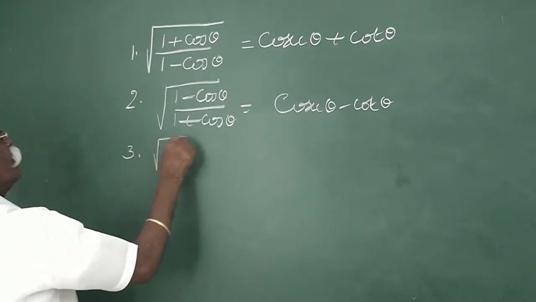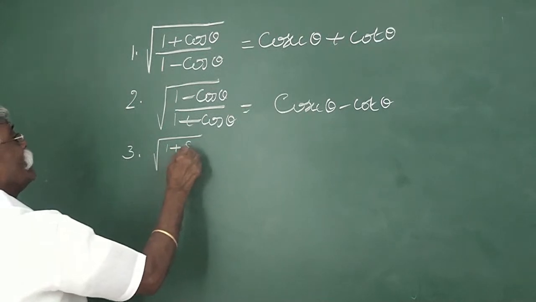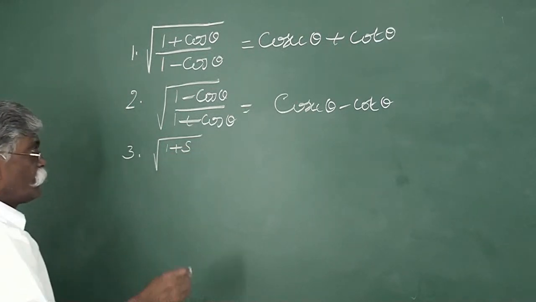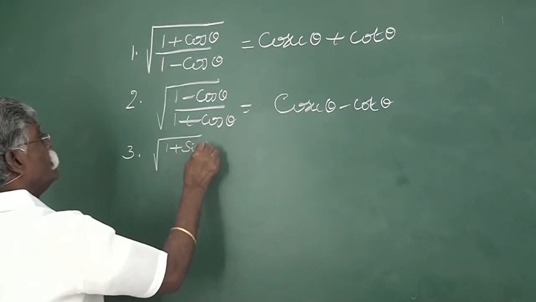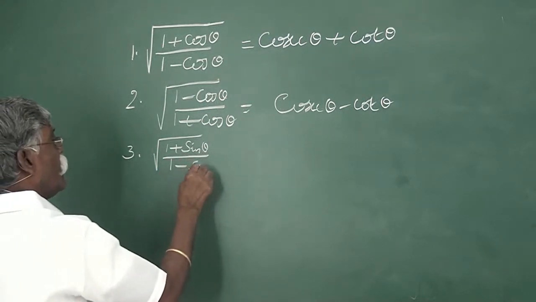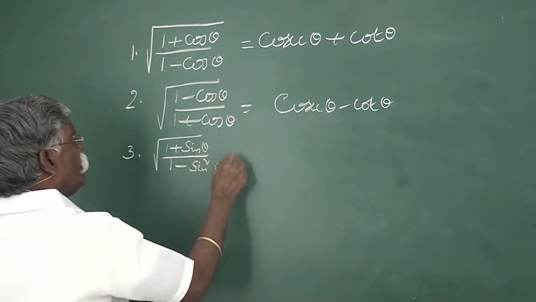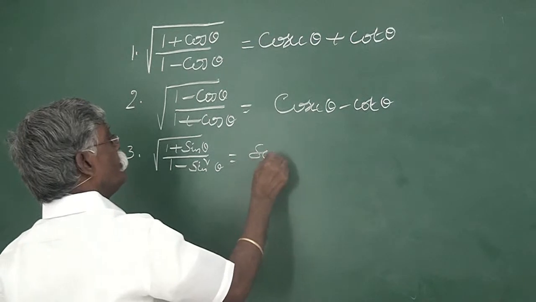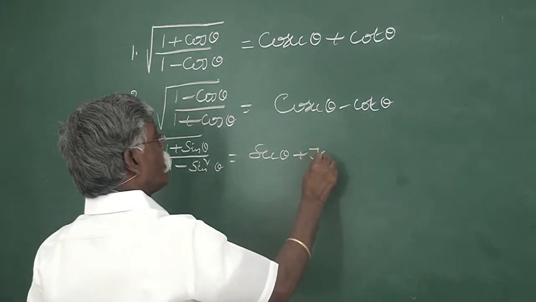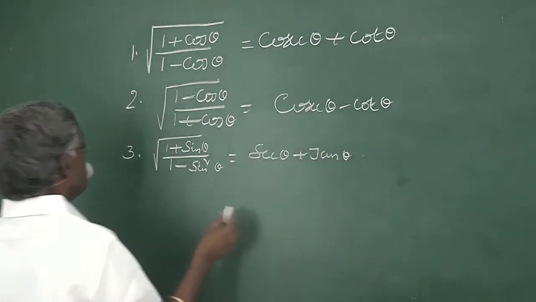The third one, root of 1 plus sin theta by 1 minus sin theta is equal to secant theta plus tan theta.